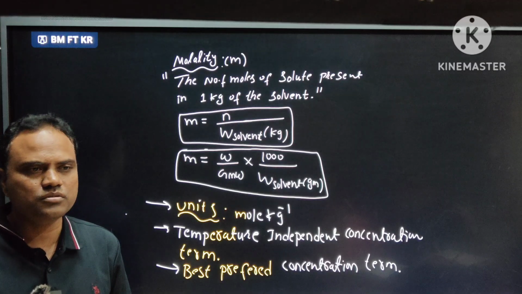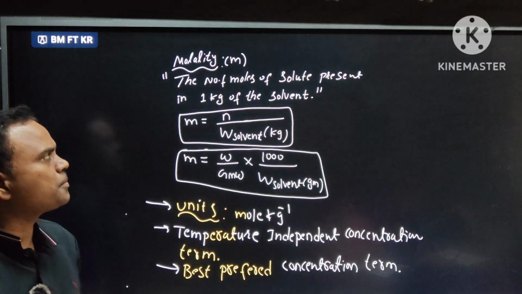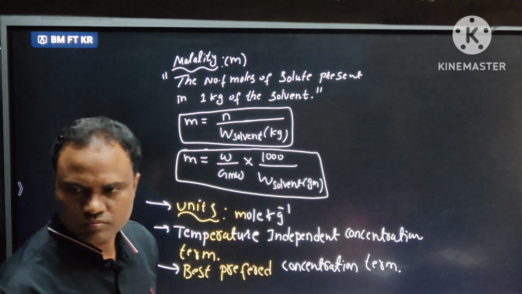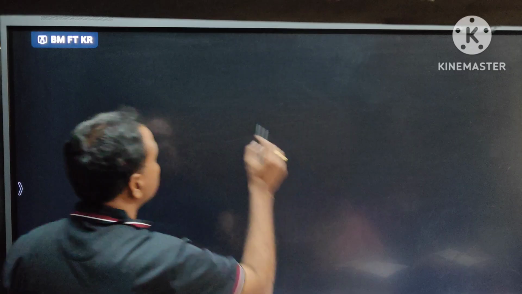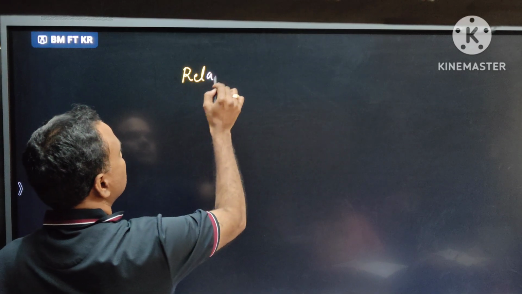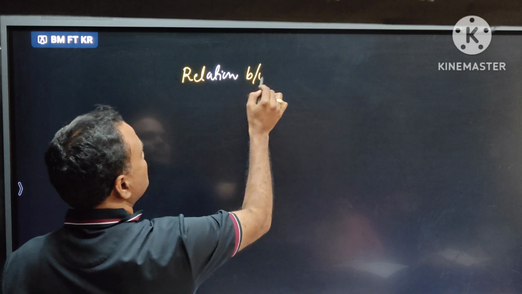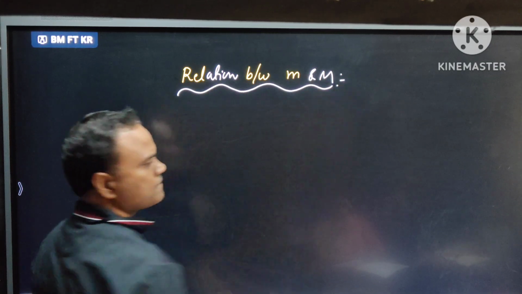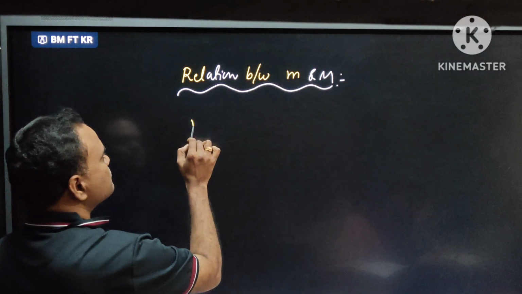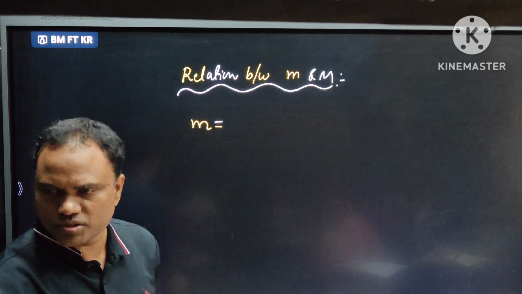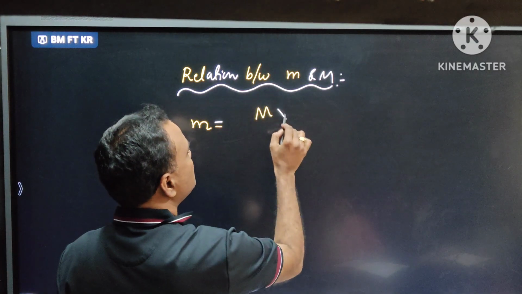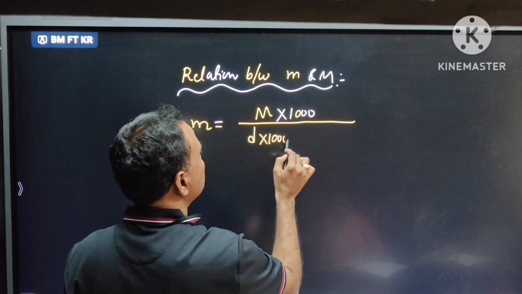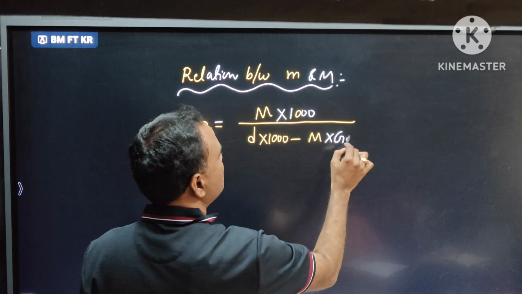Write one important relation: the relation between small m and capital M. Molality, small m, is equal to molarity into 1000 by density into 1000 minus molarity into gram molecular weight.